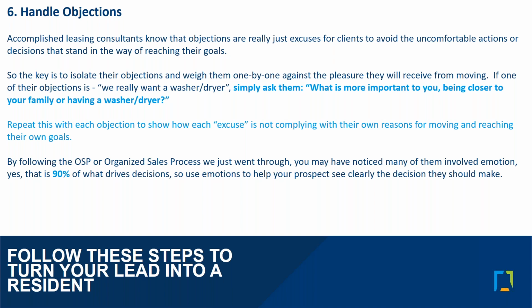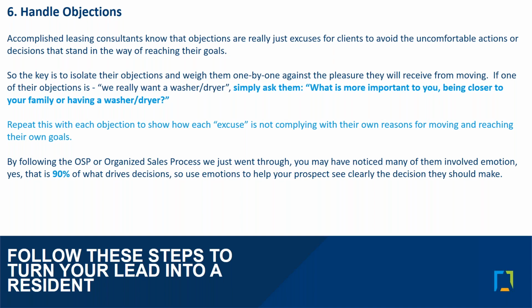So the key is to, of course, isolate their objections and weigh them one at a time against what their goal actually is, to let them know that if they make this decision, they are going to be achieving their goals. Such as if their objection was, we really want a washer and dryer, well, ask them, what is more important, being closer to your family? And it could be being in the right school district, whatever it is that is their goal, is that more important?